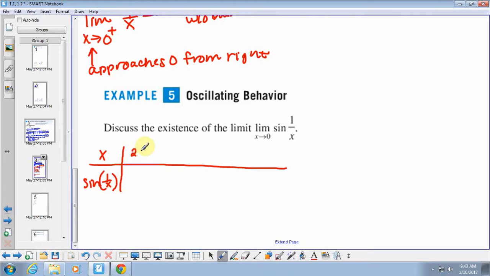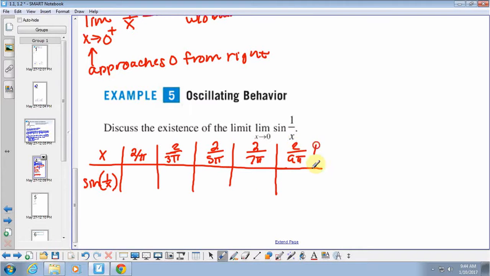So we're going to look at some values that are convenient to us: 2 over pi, 2 over 3 pi. We're doing that because 1 over x, for x equal to 2 over pi, will be pi over 2. We're going to look at 2 over 5 pi, 2 over 7 pi, 2 over 9 pi and 2 over 11 pi.